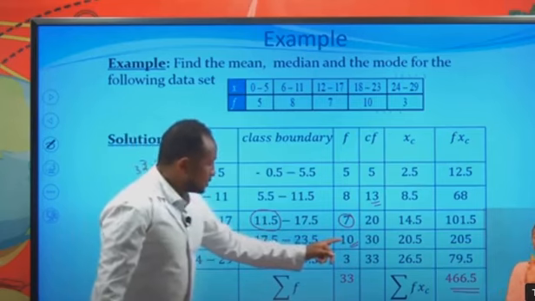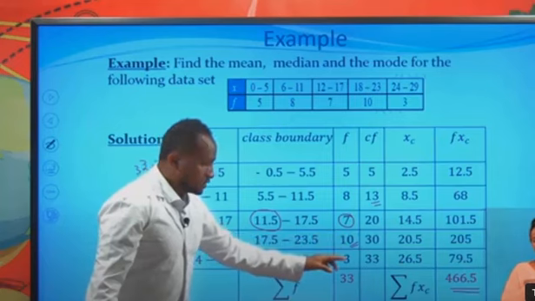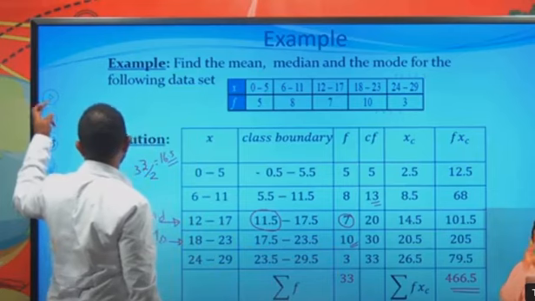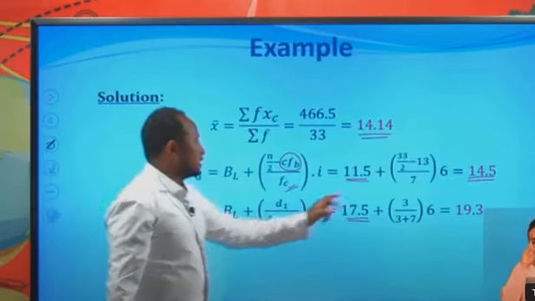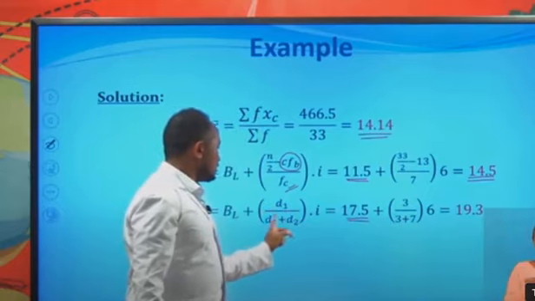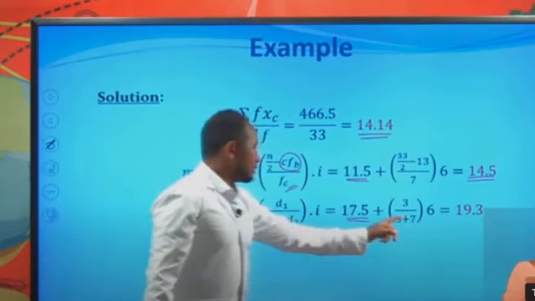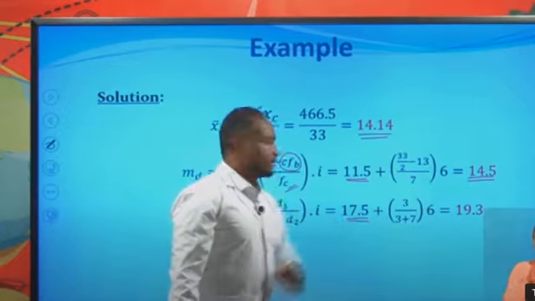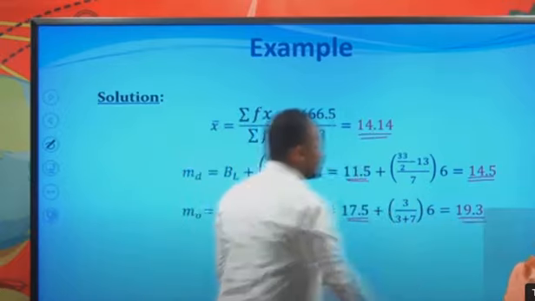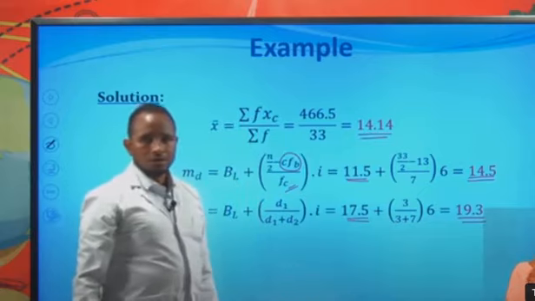And D2 is the difference between 10 and the succeeding class, 3, so D2 is 7. So 3 over 3 plus 7, times I, which is similar to the above, 6. When you evaluate this, you get 19.3. So this is it.